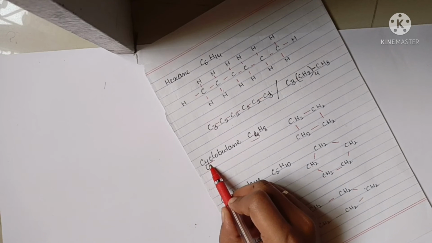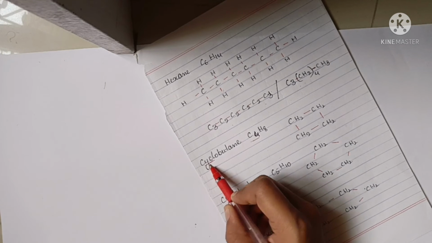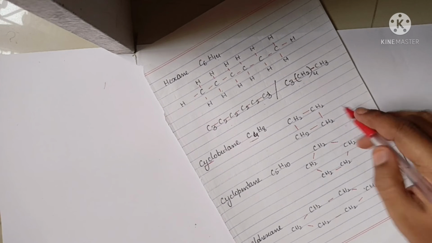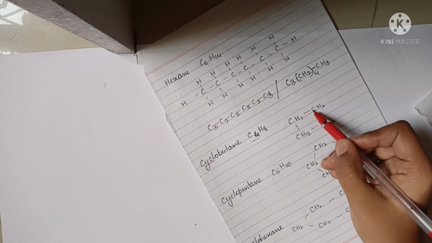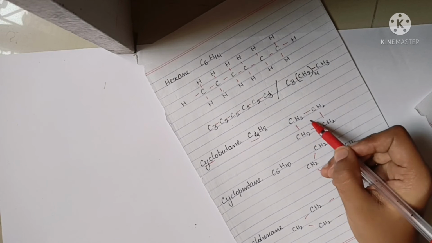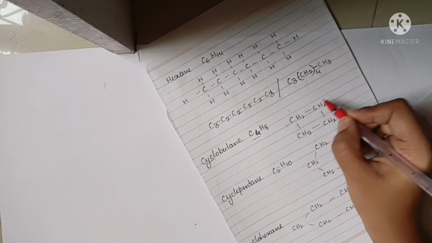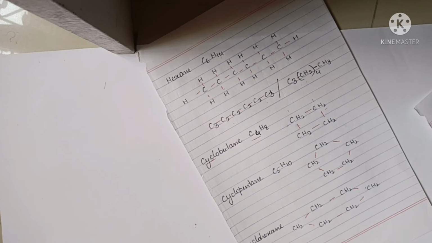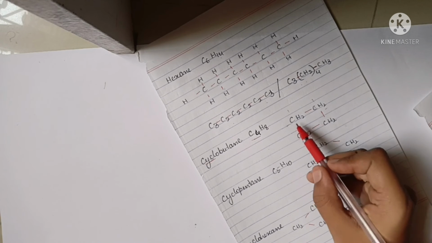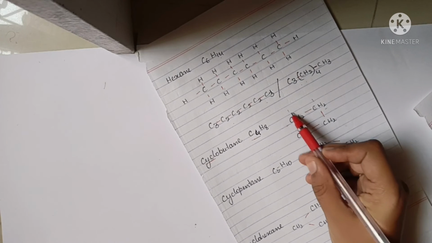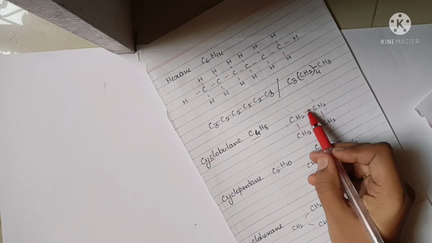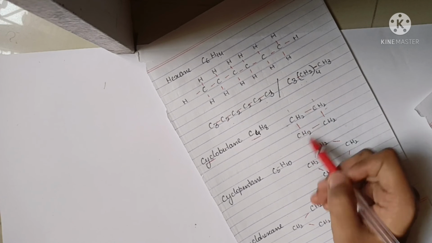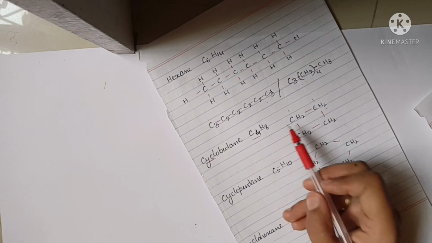When we mention cyclo, you should always remember that it means the cycle form. In the cycle form each carbon gets 2 bonds to H, satisfying the 4. If I distribute H2 here, 1, 2, 3, 4, and for each and everything. Cyclobutane, this is how.